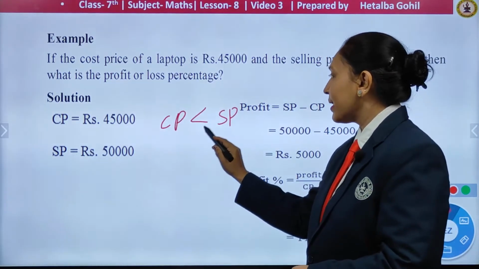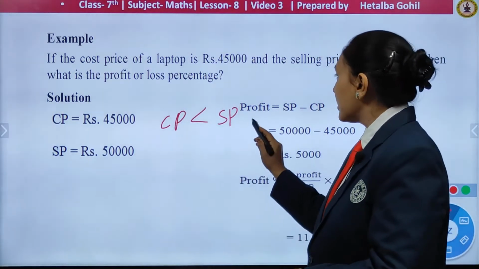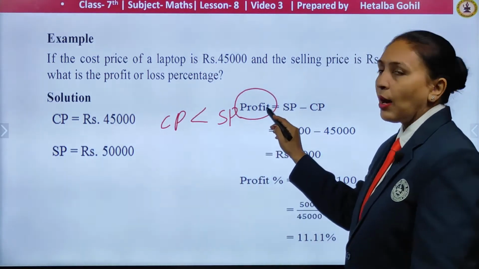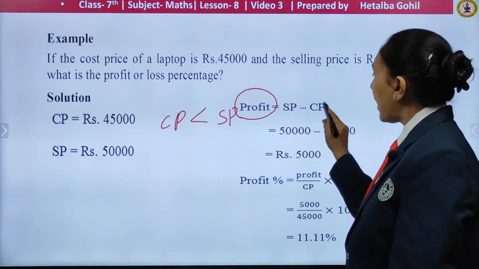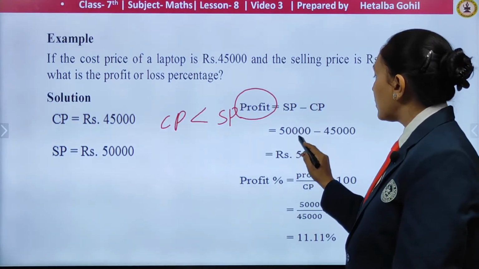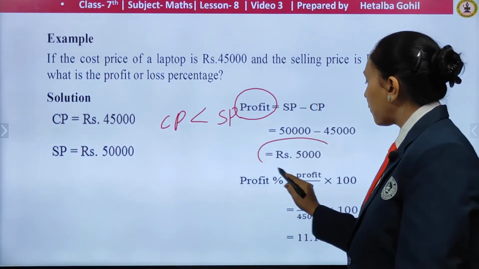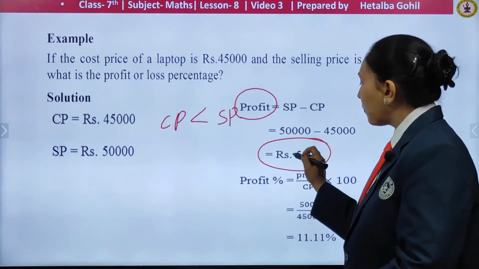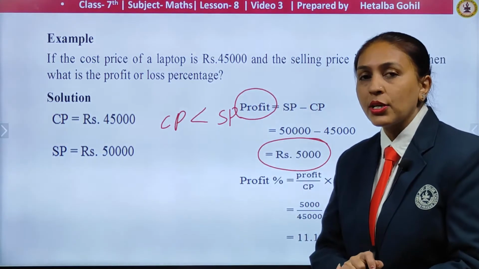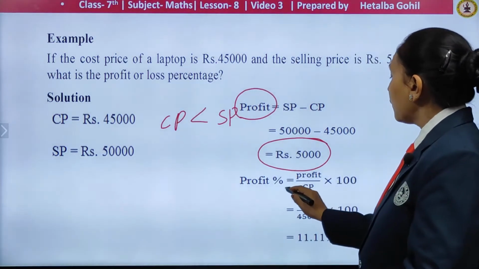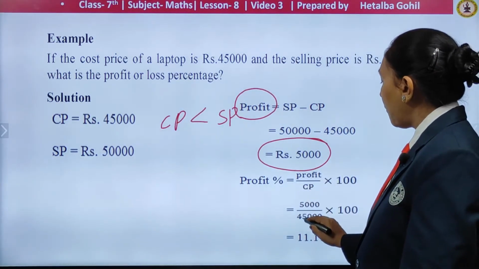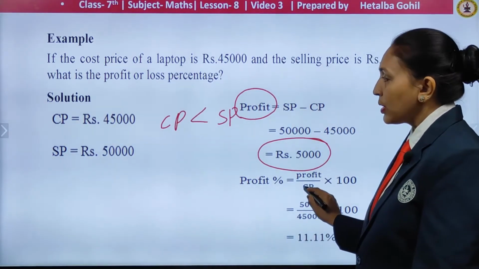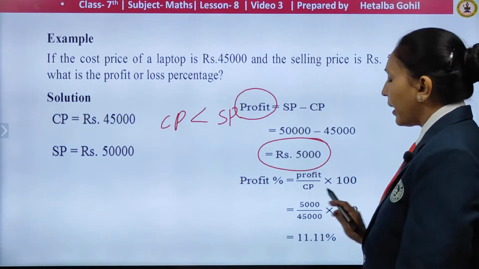When cost price is less and selling price is more, we always get profit. The profit is SP minus CP, that is 50,000 minus 45,000, so you get rupees 5,000 as the profit. Now how to get the profit percentage? Applying the formula, profit upon CP, that is 5,000 upon 45,000, multiplied by 100.